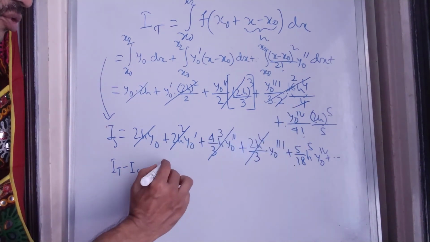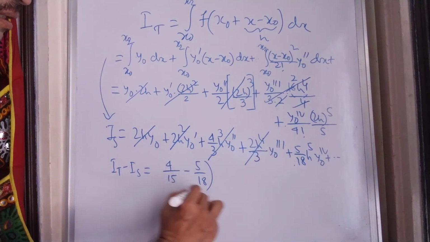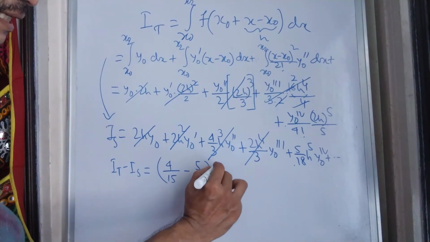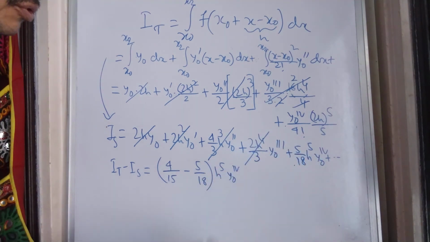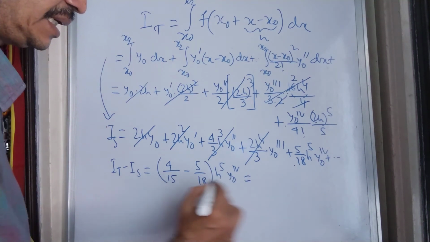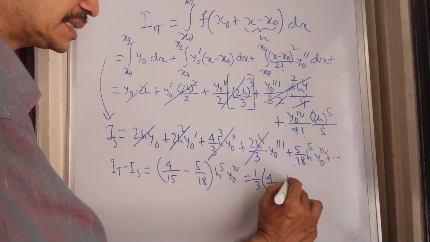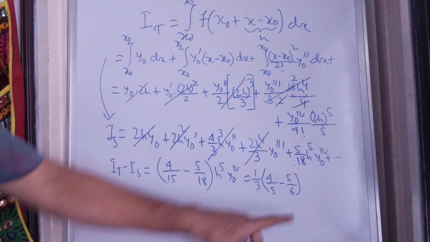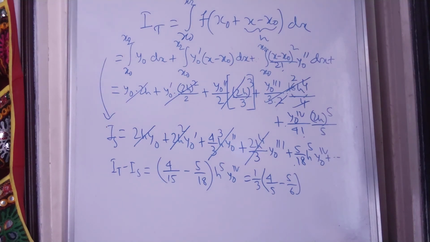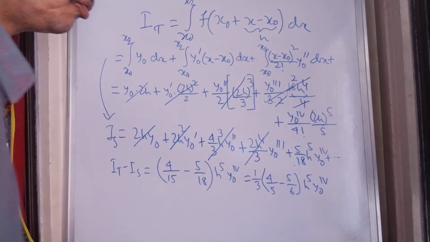So this is nothing but 4 by 15, and this is nothing but 5 by 18, and we have h to the power 5 y0''''. This can easily be calculated by taking 1/3 common. We have 4 by 5 minus 5 by 6, and we have h to the power 5 y0''''.